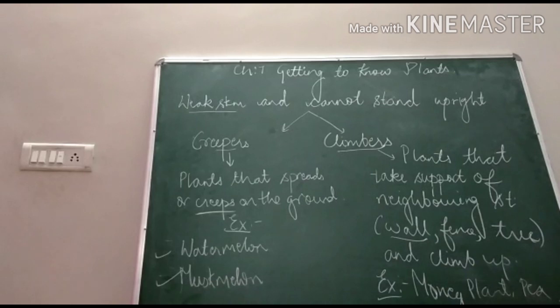Now talking about climbers. Climbers are the plants that take support of neighboring structures. For growing in size, they need the support of a neighboring structure. That neighboring structure will be your wall, your fence, your tree, and then they climb up. Examples are your money plant, pea plant, bottle gourd, bitter gourd. My dear students, you must have seen a money plant at your homes. आपने money plant घर पे देखा होगा वो कैसे grow होता है.